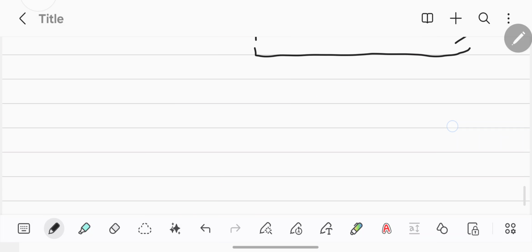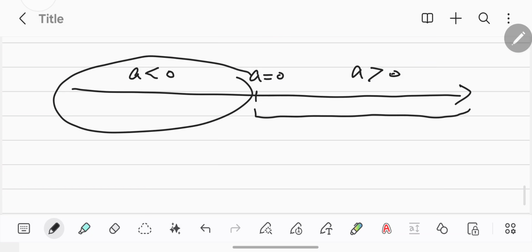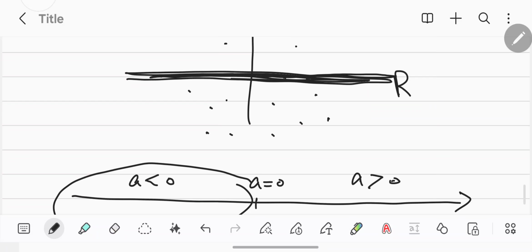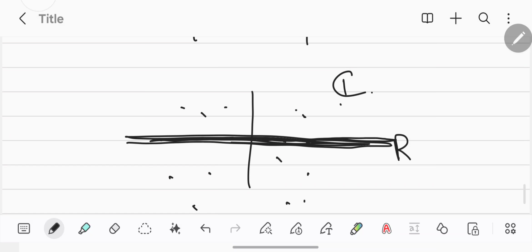But if you take square root of negative numbers, then your answer will not be on this line. Then your answer will be here or up somewhere else. Make sense?